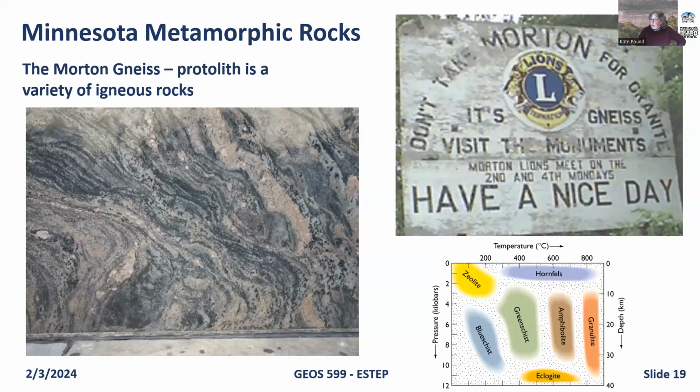So what about Minnesota metamorphic rocks? Minnesota's most famous metamorphic rock is the Morton gneiss. It was once thought to be the oldest rock in the world, 3.8 billion years old. We now know there are older rocks in Canada, Greenland, and Australia.